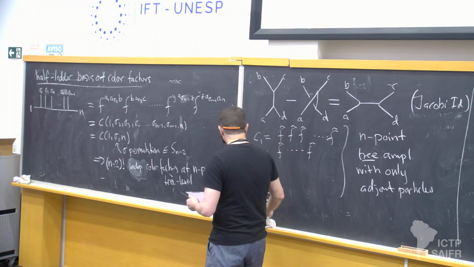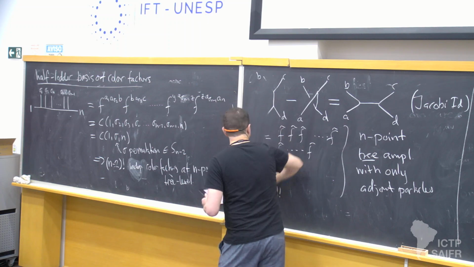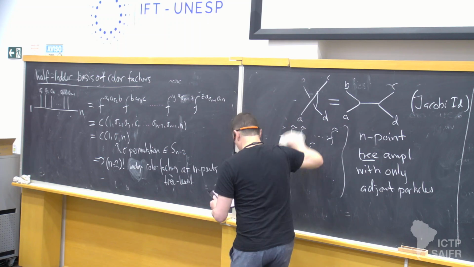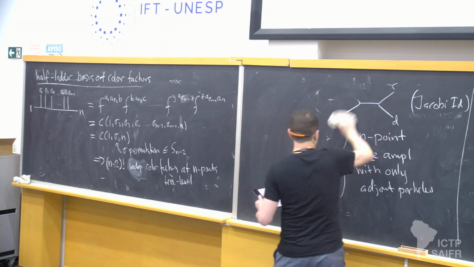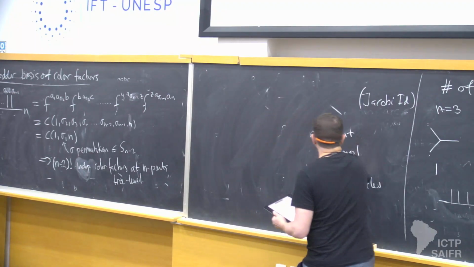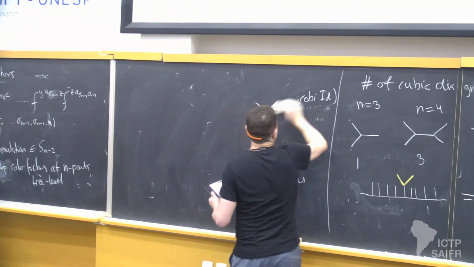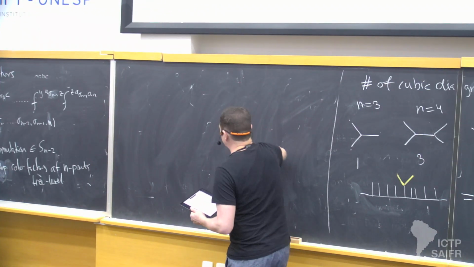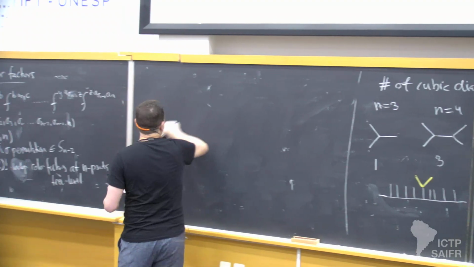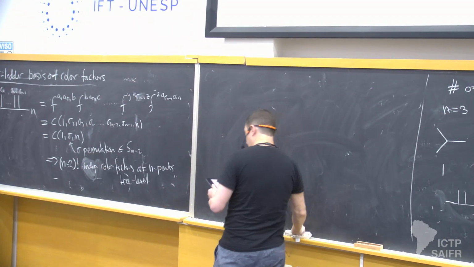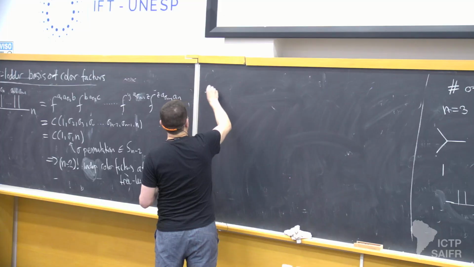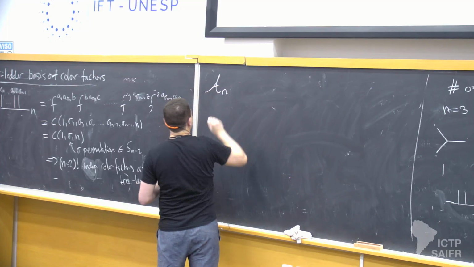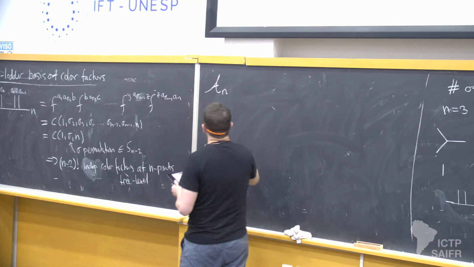Okay, so this means that now we can write down a formula for our amplitude in terms of these color factors. People typically write this curly amplitude A n.